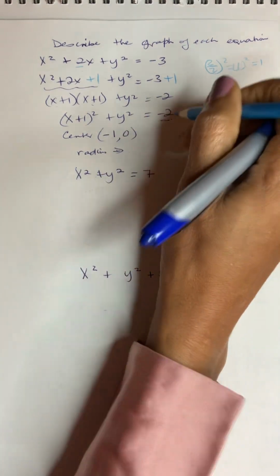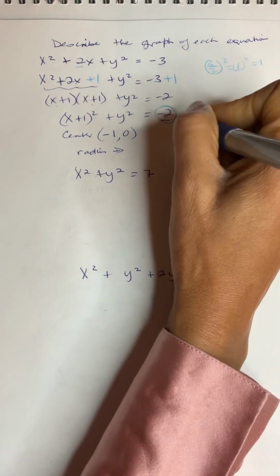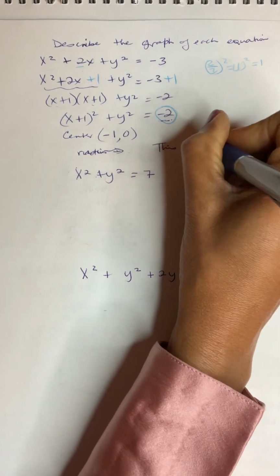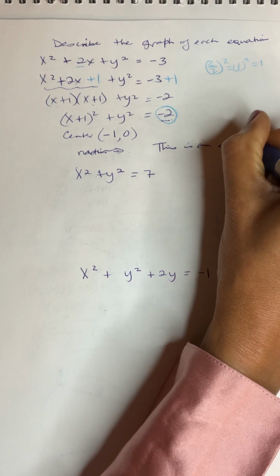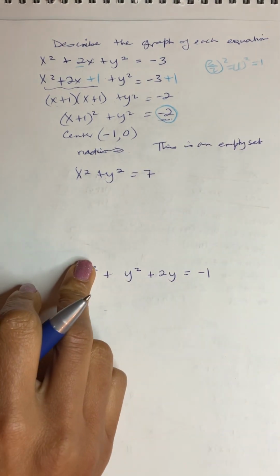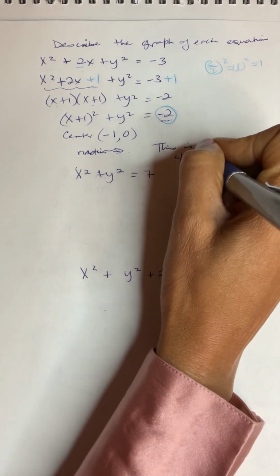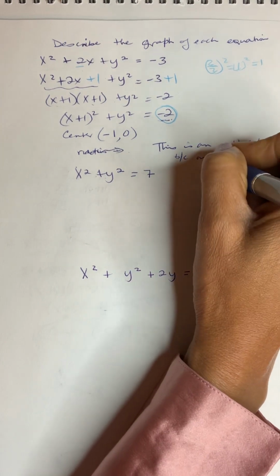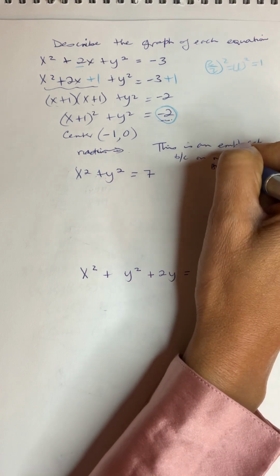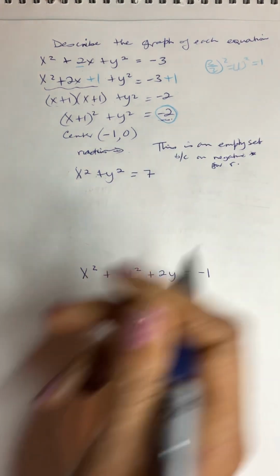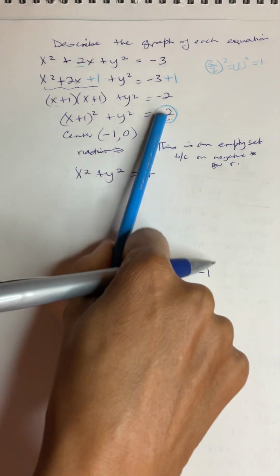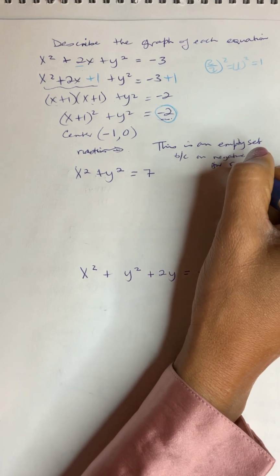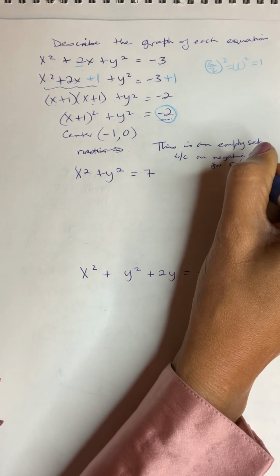So because this is a negative value, it's an empty set. That's an empty set because of a negative number for r squared, or a negative number on the right.